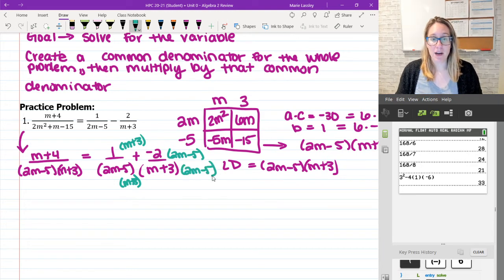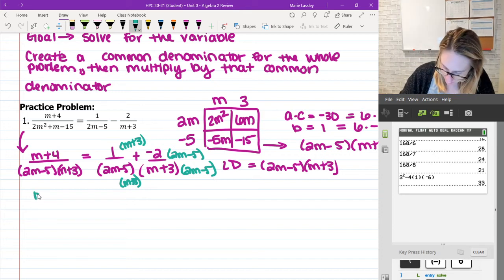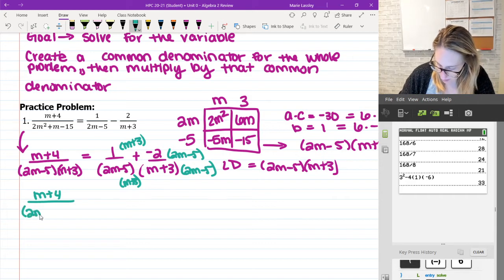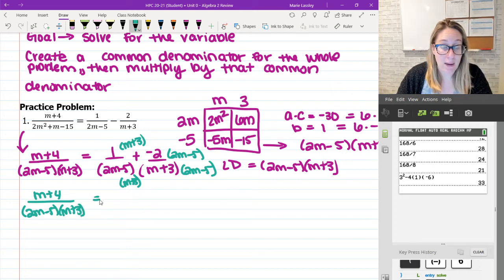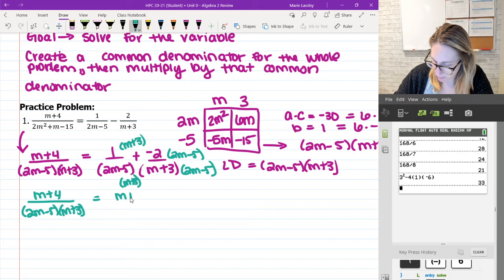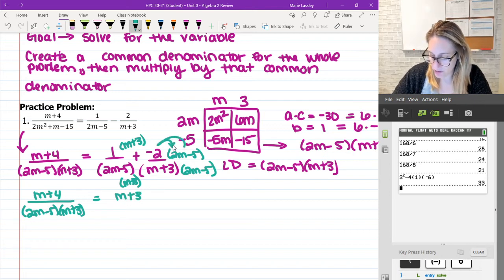All right, now I'm going to go ahead and I'm going to kind of simplify this a little bit. All right, so I've got m plus 4 all over 2m minus 5 m plus 3 equals. All right, 1 times m plus 3 is just m plus 3. All right, now I'm going to go ahead and distribute this one.